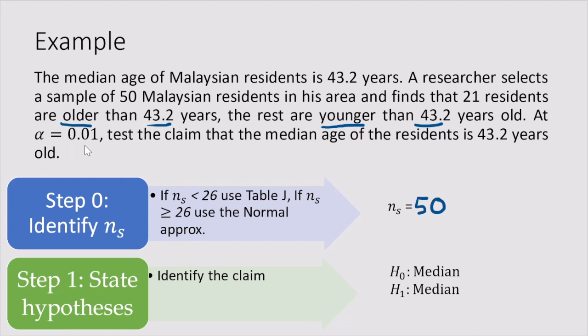At alpha 0.01, this is our alpha. Test the claim that the median age of the residents is 43.2 years old. So by just looking at the claim over here, our null hypothesis would be that the median age is 43.2 years, and the alternative would be not equal to 43.2 years.